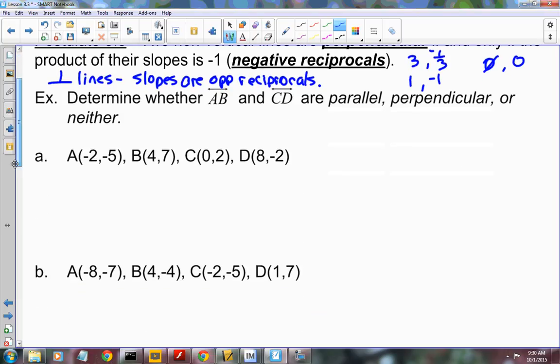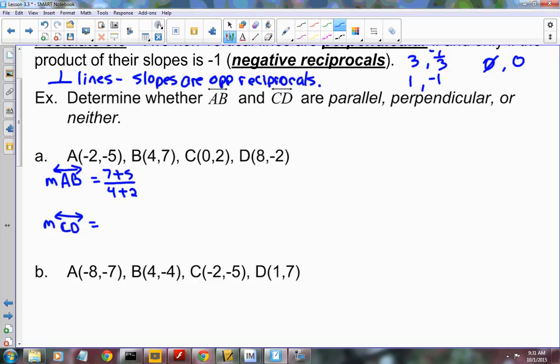All right, I have to first find the slope of AB, and then the slope of CD. Remember, it's the difference in the y's over the difference in the x's. Looking at AB first, I'm going to do 7 minus -5 over 4 minus -2.